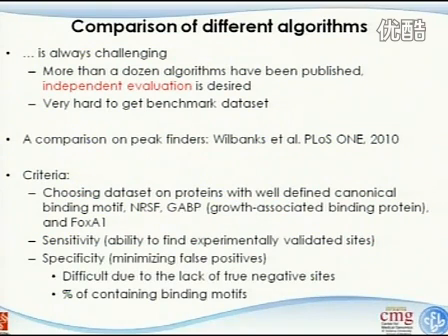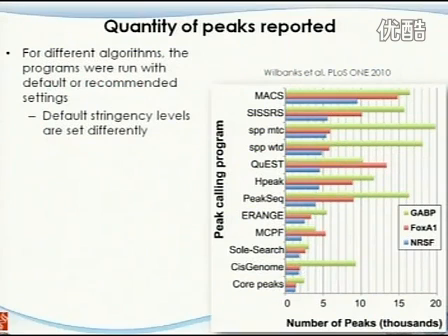They also looked at the specificity, which is very difficult, and which means minimizing false positives. This is difficult because there is a lack of true negative sites. We really don't know where this protein doesn't bind. The information they use is the percentage of the fragments identified that contain the binding motif. The hope is that if it's identified and it has the binding motif, it is more likely to be true. That's why they focus on proteins whose motifs have already been well defined.